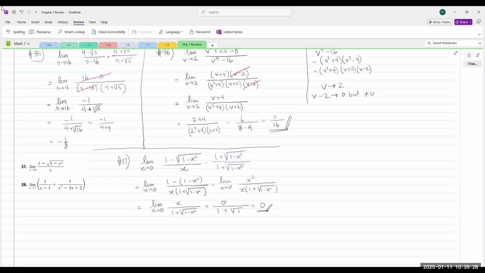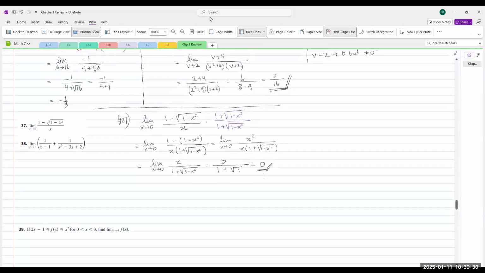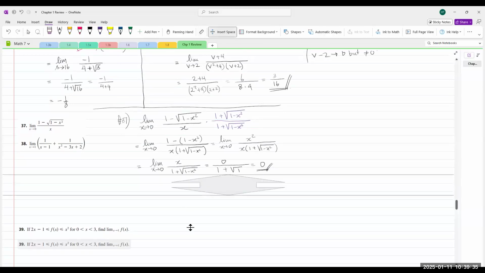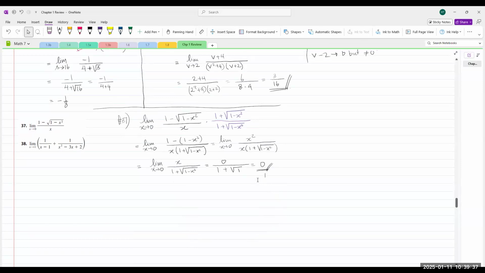Number 38. Let me give myself some space here. Number 38. Limit x approaching 1 of 1 over x minus 1 plus 1 over x squared minus 3x plus 2.